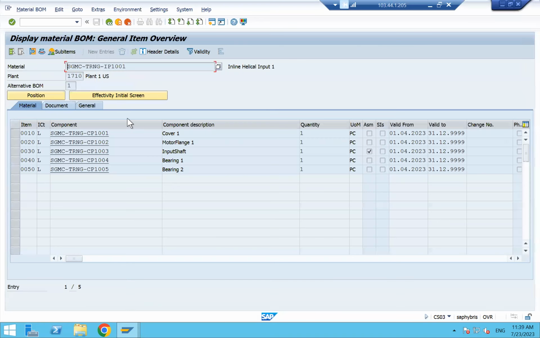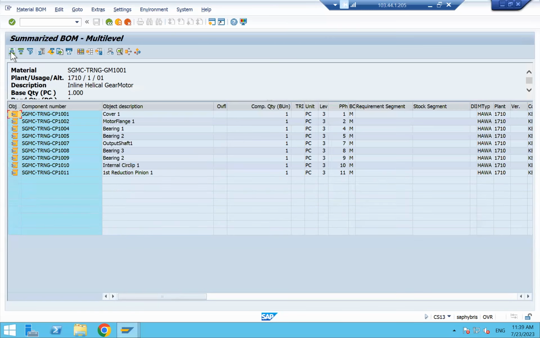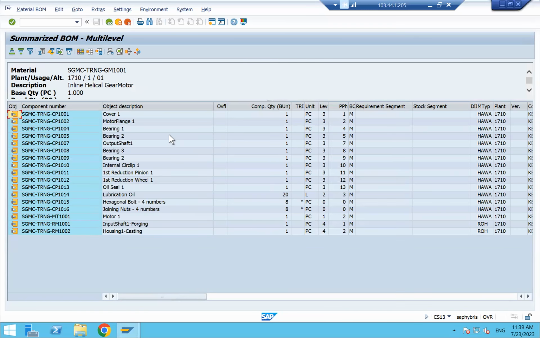Then there is a transaction called CS13. Here I execute this. Now it is exploding up to the last level and giving me all these requirements here, all the purchasing items.